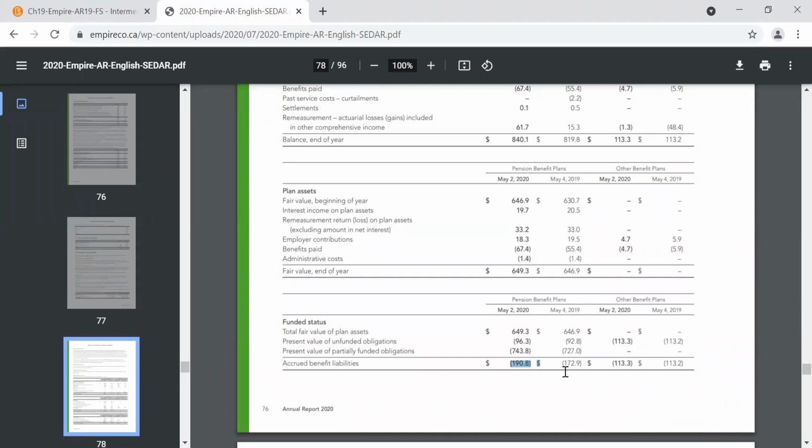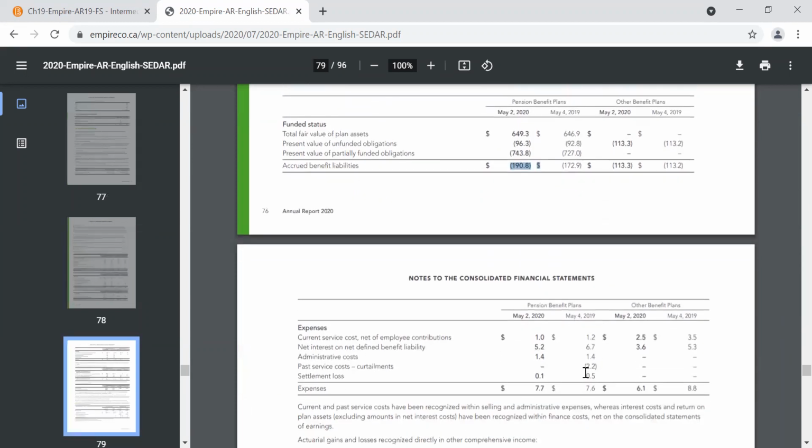In 2020, there's a 190.8 million deficit for pension plans, and there's 113.3 net liability for other benefits. So that's the amount on the balance sheet.